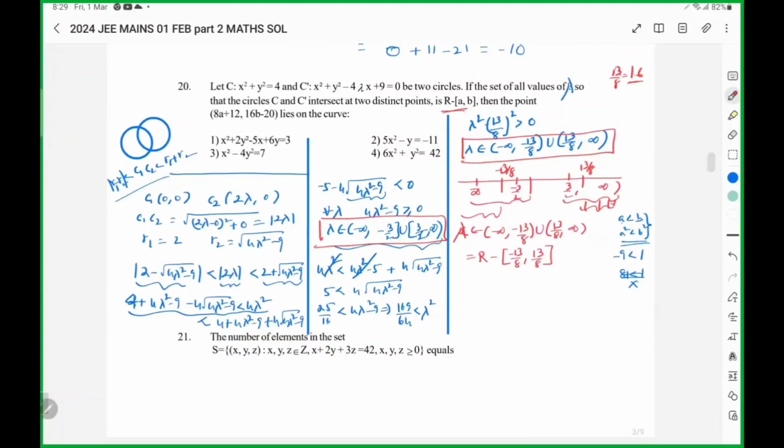So they told R minus (a, b), with a equal to minus 13 by 8, and b is 8 into minus 13 by 8 plus 12, which is minus 1.